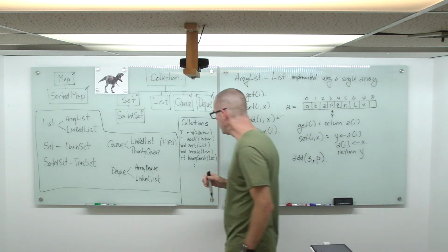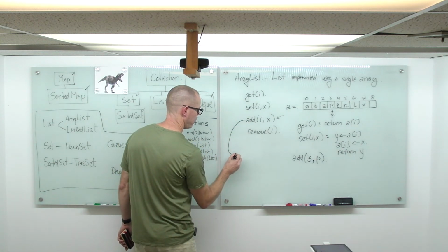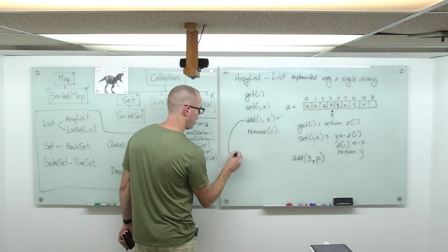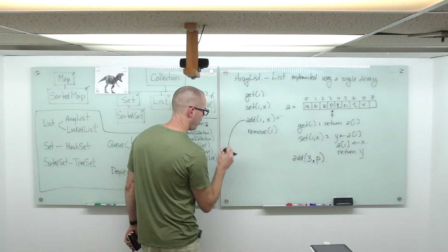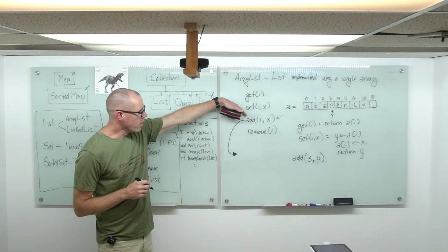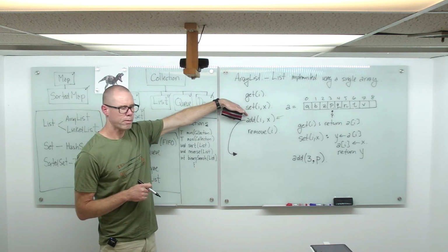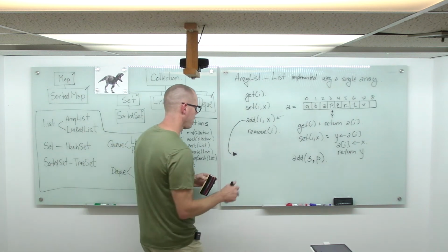Okay. This is an important thing to know about array lists: the time this operation takes depends on the value of i and the length of the list.